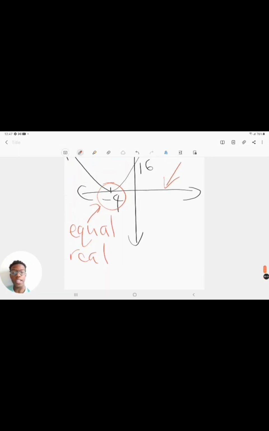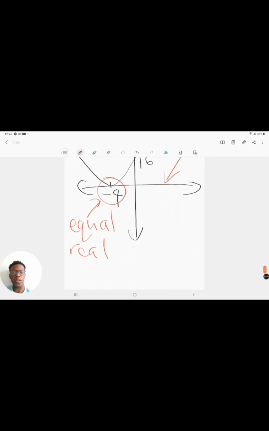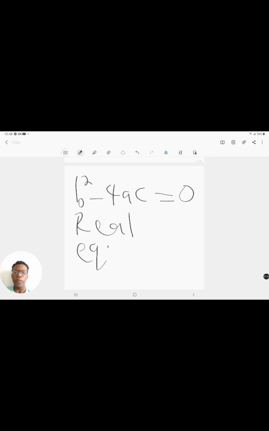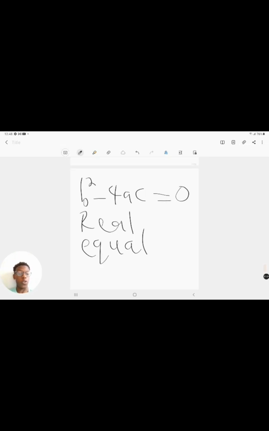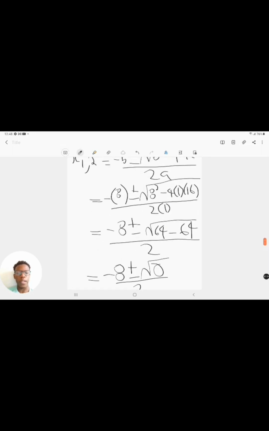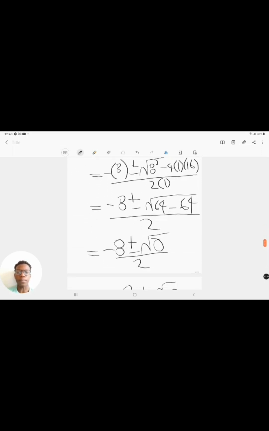That expression in the quadratic formula, b squared minus 4ac, has to be equal to 0 in order for our roots to be real and equal. Now, if you look at our example here, if I go back up there, while I was solving, I want you to notice something. Look at this.